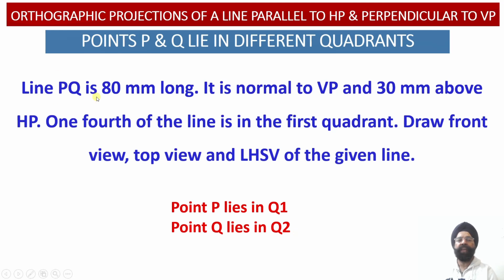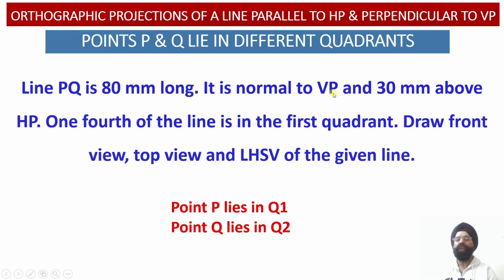Line PQ is 80 millimeter long and it is normal, or perpendicular, to the vertical plane. Whenever a line happens to be perpendicular to the vertical plane, this line will be parallel to the horizontal plane.